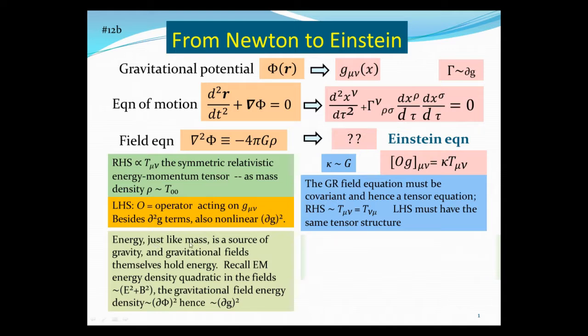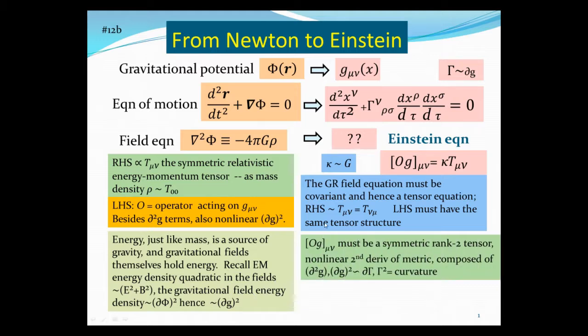Energy, just like mass, is a source of gravity, and the gravitational field itself holds energy. Therefore, we expect the gravitational field itself to be a source of gravity. Remember, electromagnetic energy density is quadratic in the field, E squared plus B squared. So we expect gravitational field energy density to go as the first derivative of the gravitational potential, the first derivative of the metric tensor squared.